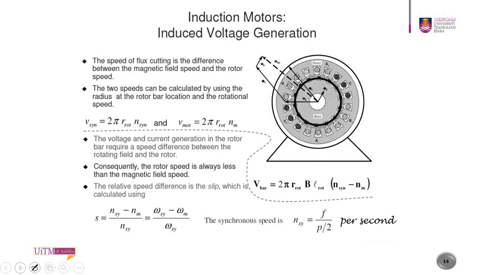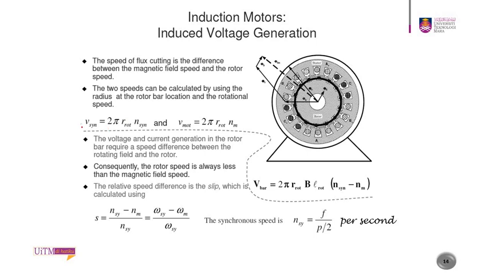And the speed of the flux cutting is different between the magnetic field speed and the rotor speed. Okay. So you have two speeds that can be calculated by using the radius at the rotor bar location and the rotational speed.